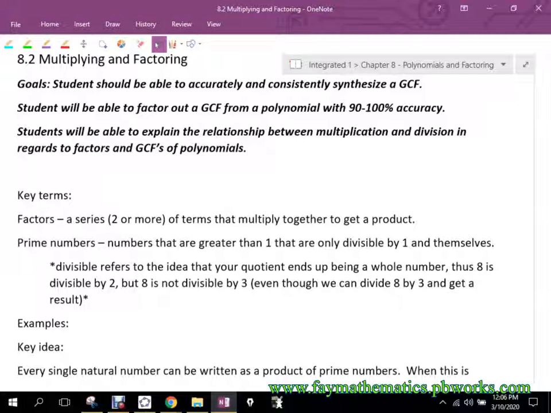P. All right. Product. So we're going to multiply two numbers together to get a product. If I give you 2 times 3, you know those are factors that give the product of 6. We know how to do that multiplication.